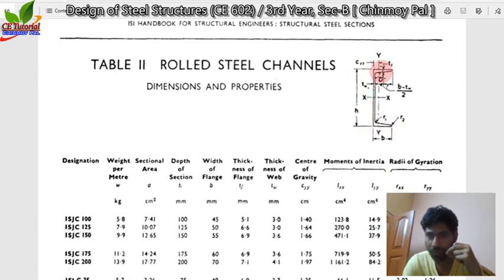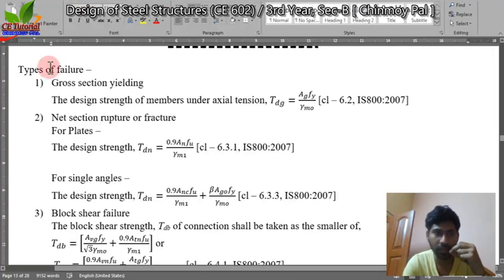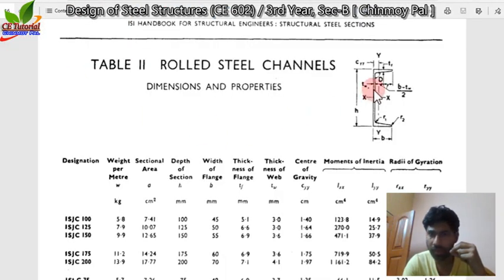So the total area of this section will be the gross section. Now what is net section? Net section is when we are going to design a connection, we can go for bolted connection, we can go for welding connection, welded connection.